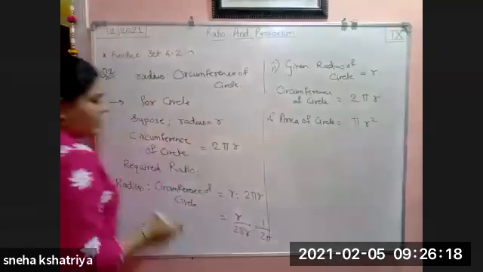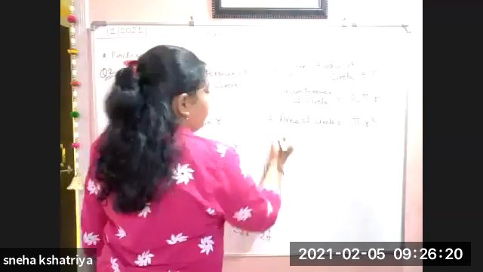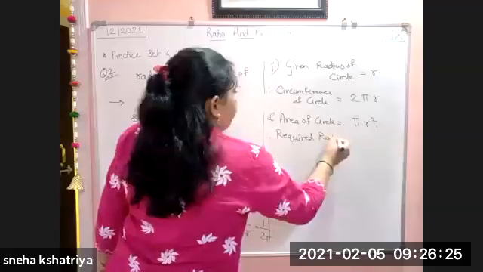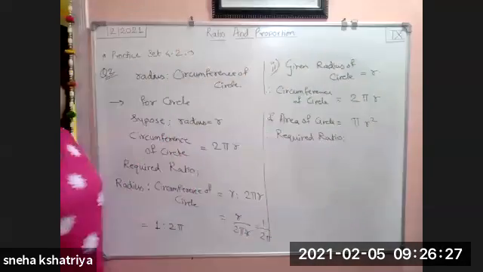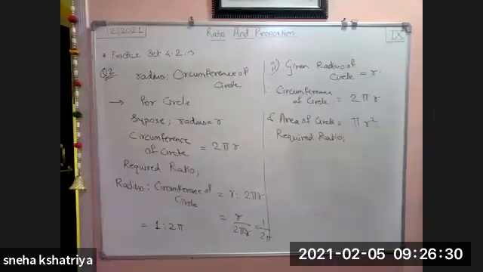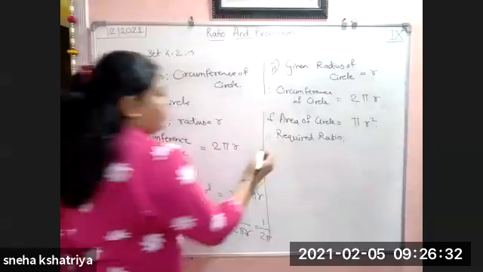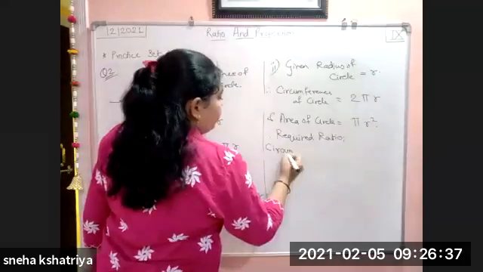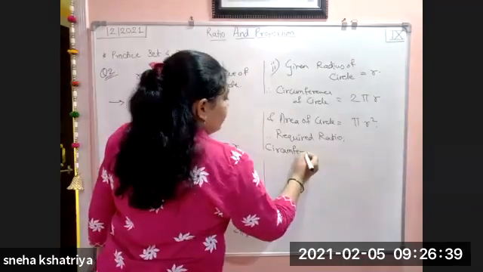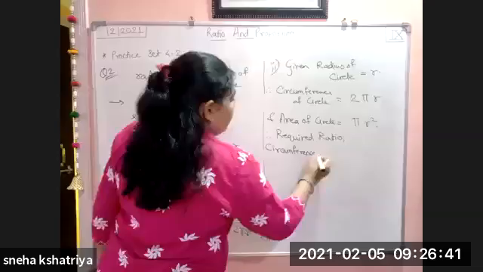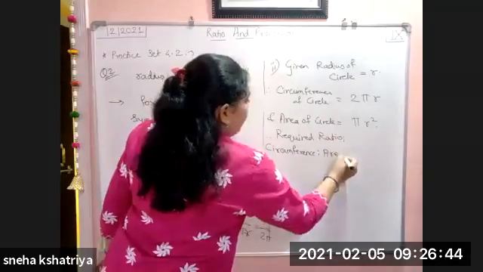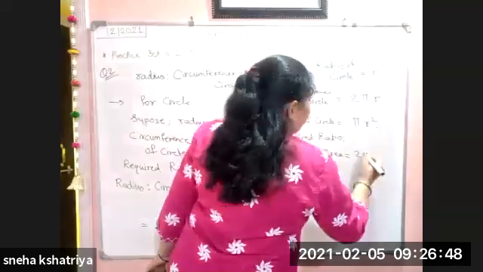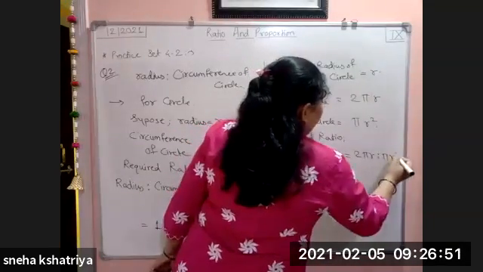Therefore, the required ratio. What is the required ratio? The required ratio is of circumference to its area. We can write it in short form also, circumference to area. So we get 2 pi R is to pi R square.